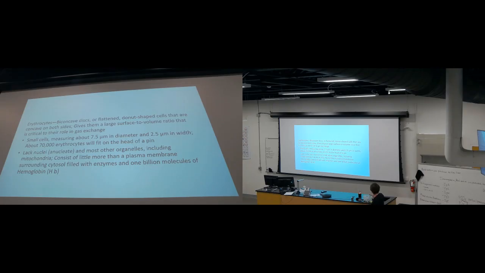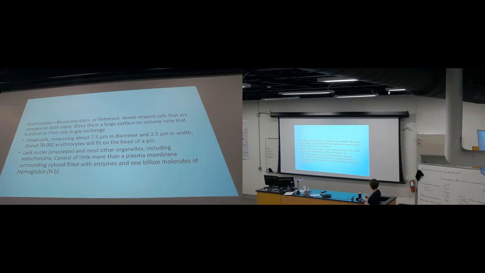They measure, according to your textbook, 7.5 micrometers in diameter side to side and 2.5 of width at the actual edge, okay? Because in the center, they are a little bit less, in the area where you see the light going through in the microscope. And since they're very small, about 70,000 erythrocytes will fit on the head of a pin.